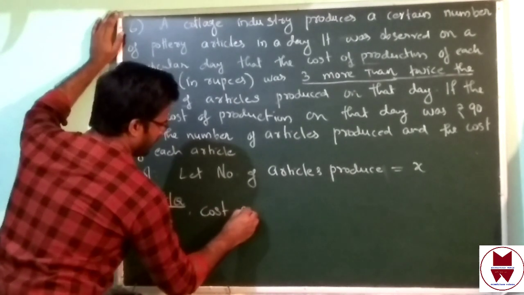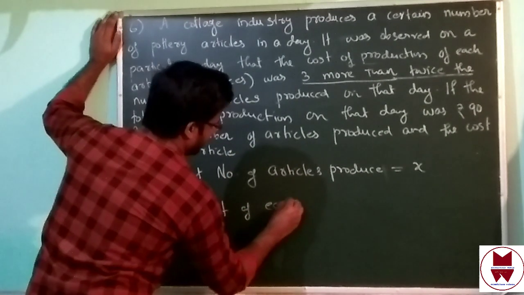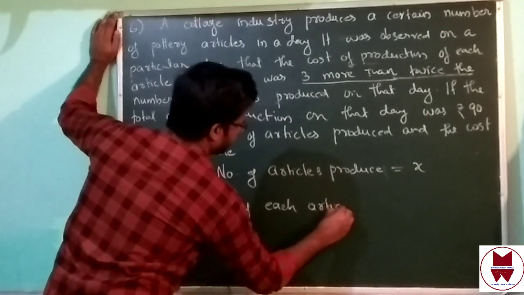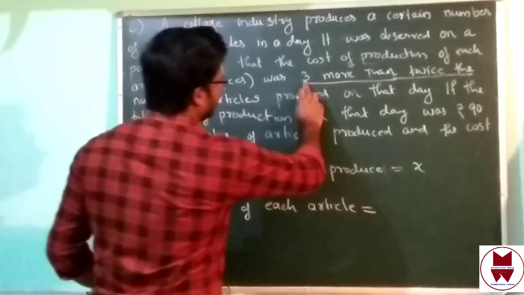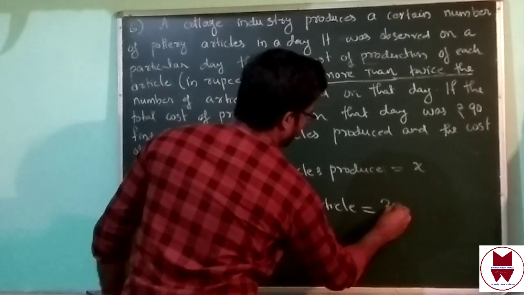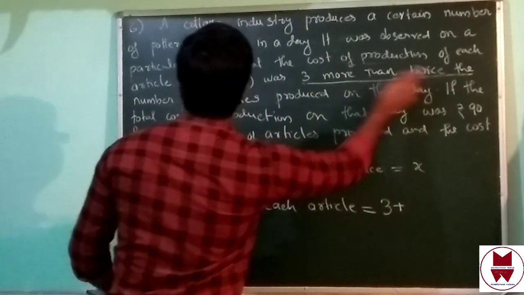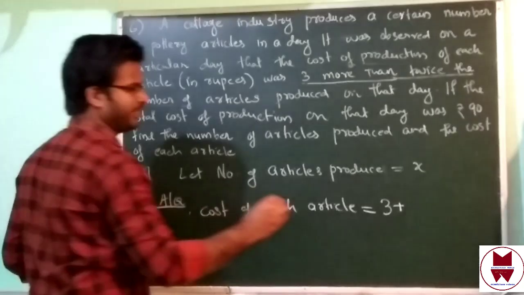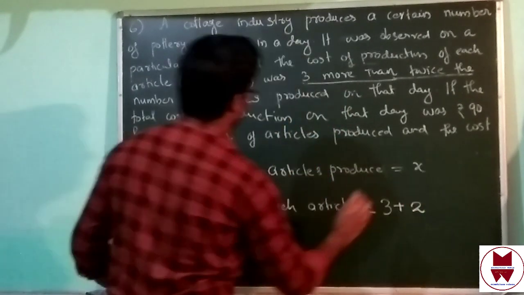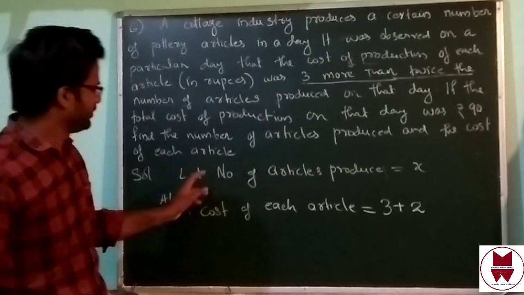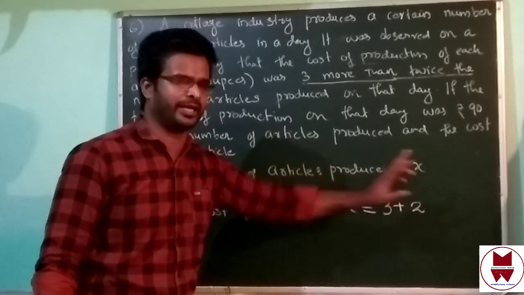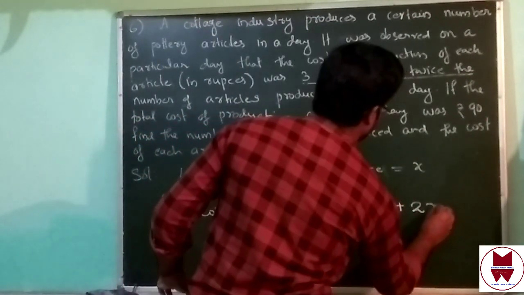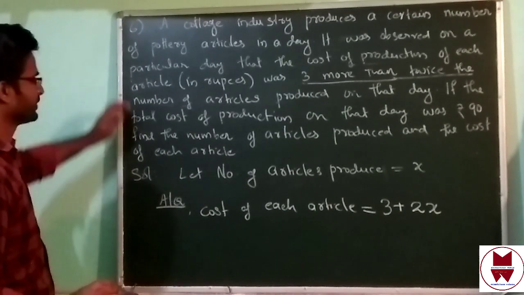Cost of each article equal to, 3 more than means plus, twice the number of articles. Twice means 2 times the number of articles. What is the number of articles produced? We already took x, isn't it? We can take 2 into x.